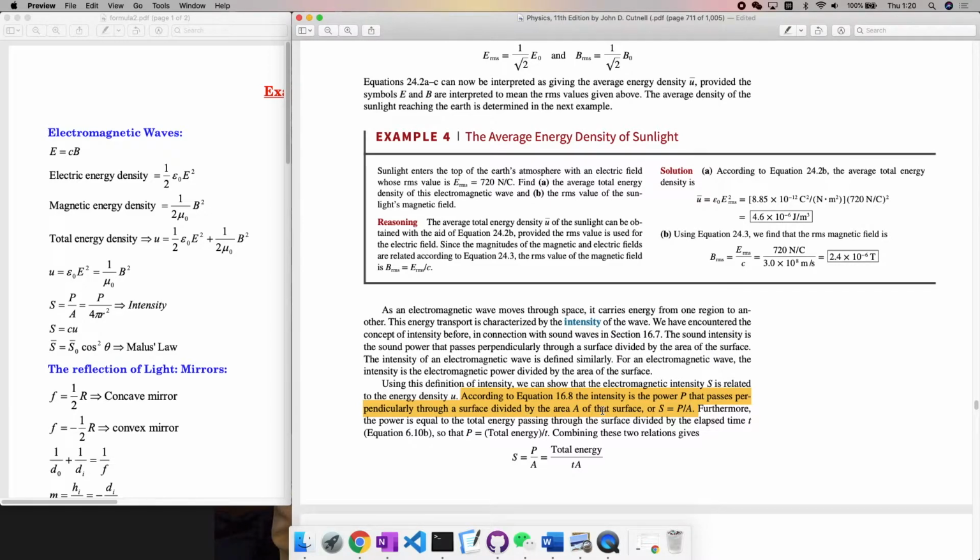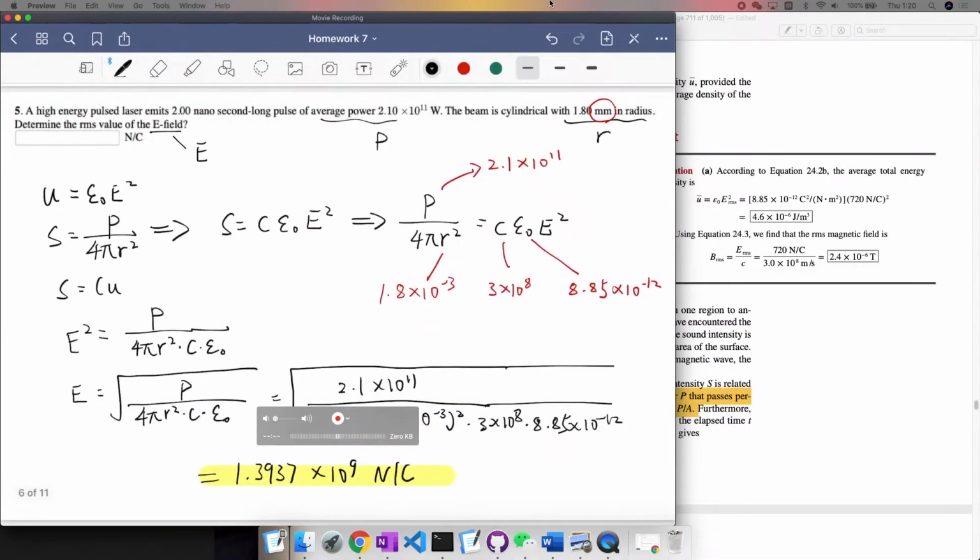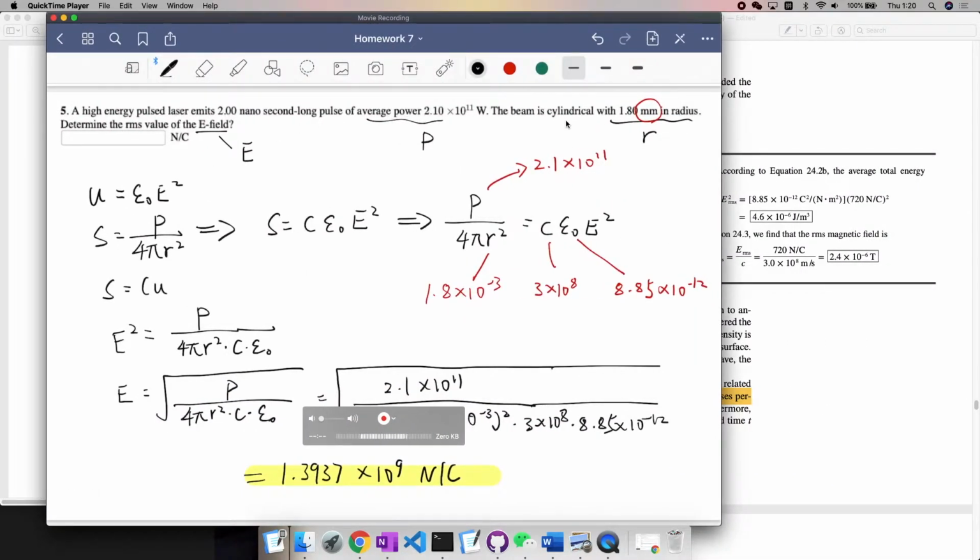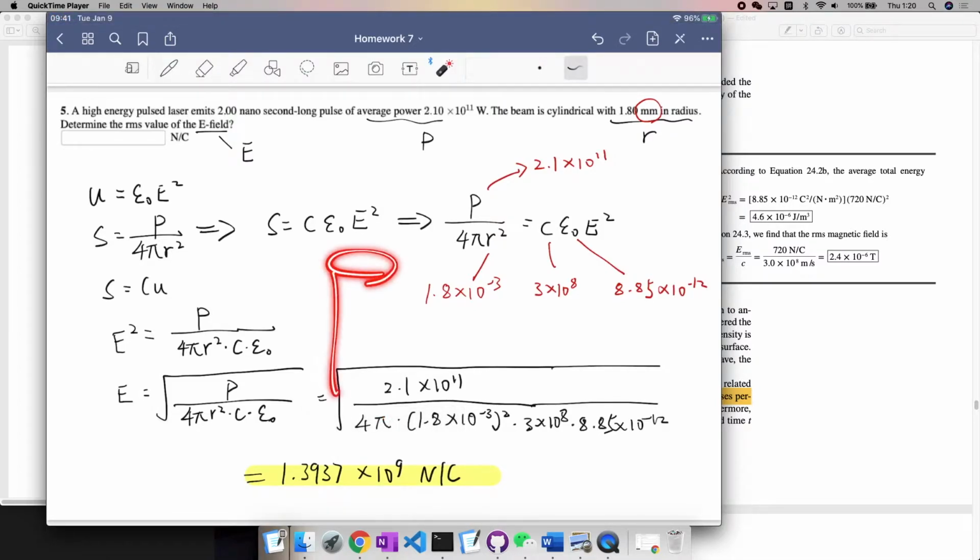Recall what we have in question 5. Let me show you. It is about a beam that is cylindrical, so it is like this, right?